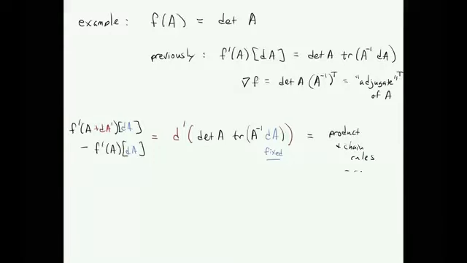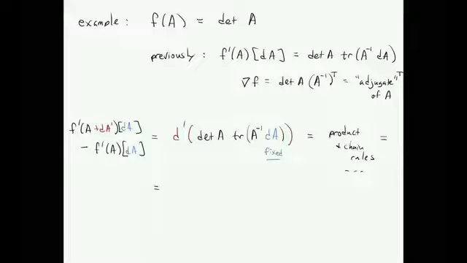And what do I get? Now I'm just treating dA as a constant matrix I'm sticking in there, and then I'm taking the derivative the same way as before. Well, I have the derivative of this term times this, plus this times the derivative of that term. And the differential of that term, we just saw what it was.